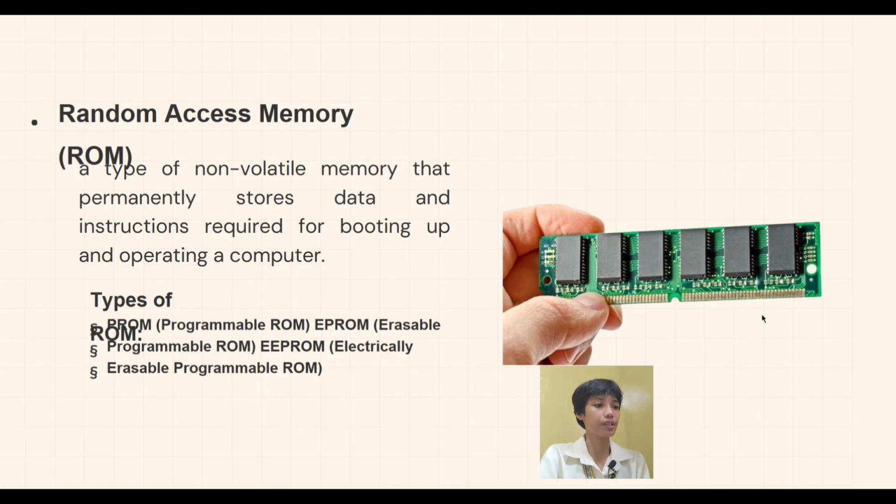You can actually see this one inside the system unit, attached to the motherboard. We also have types of ROM: the PROM or programmable ROM, EPROM, the erasable programmable ROM, and EEPROM, electrically erasable programmable ROM.